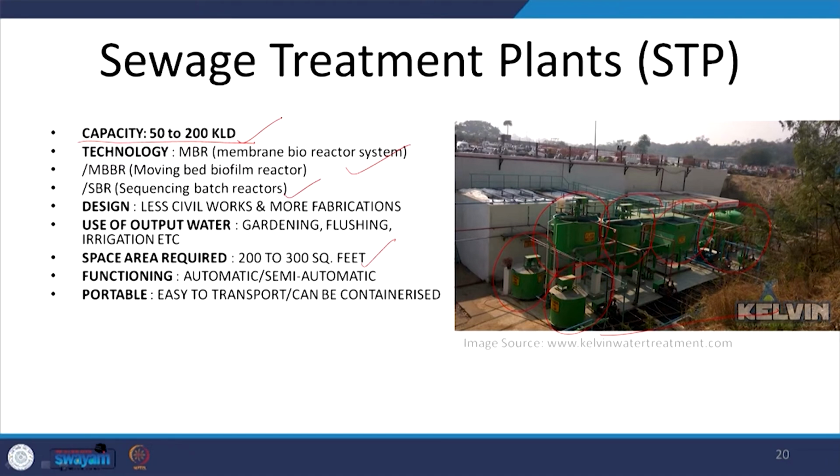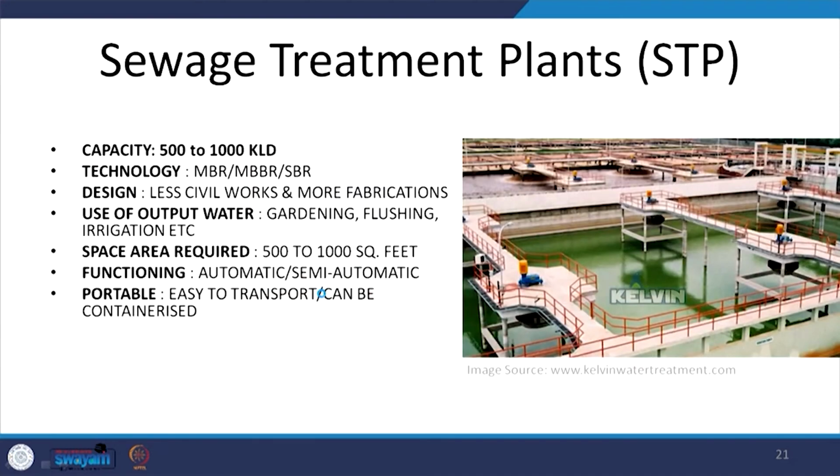Since it is again fabricated on site, while the smaller components are brought from the manufacturing plants, it can be easily transported, and it is quite portable. Further increasing the capacity, the type is again the same as the previous one, MBR, SBR.